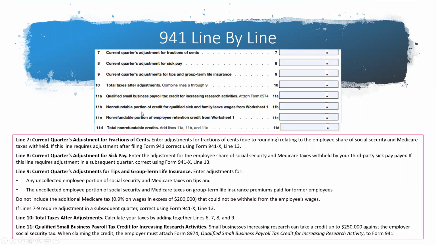And it's to calculate the non-refundable portion of the employer credit for qualified sick and family leave, that's the FFCRA, as well as the non-refundable portion of the employee retention credit, or the ERC. And then you're going to add those two together to get your total non-refundable credits.